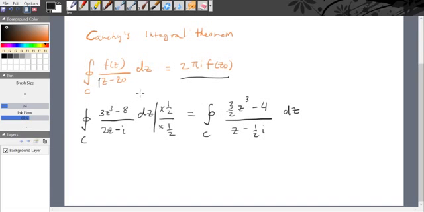The next step is to transform this form into this form and calculate it. Let's use a different color.